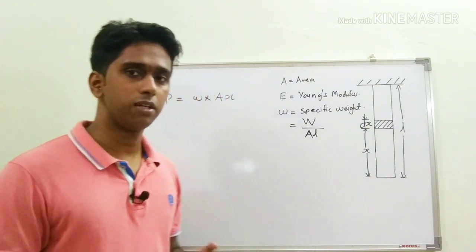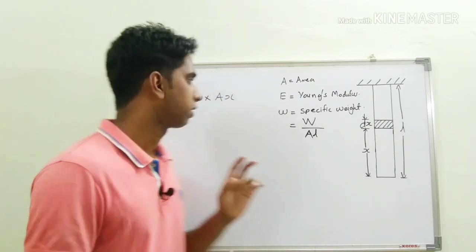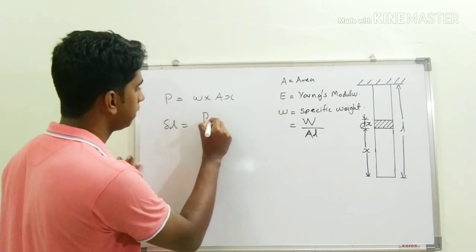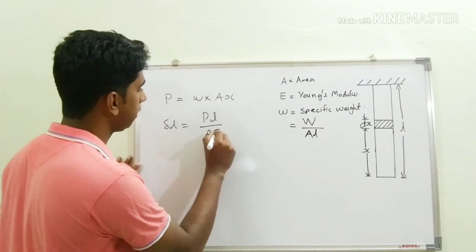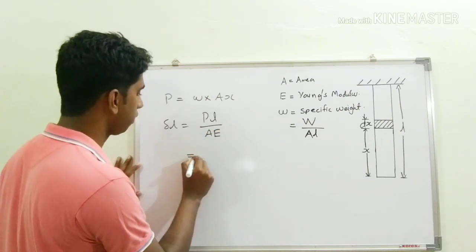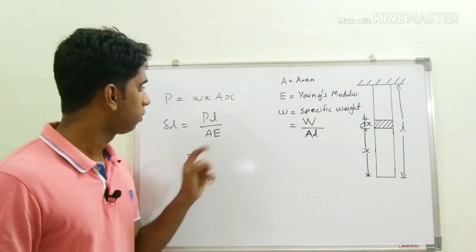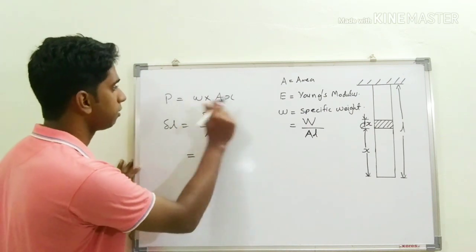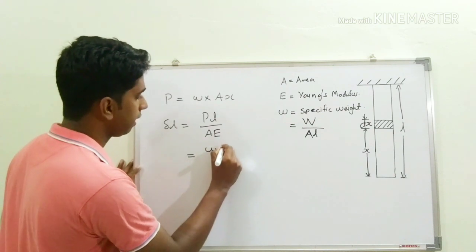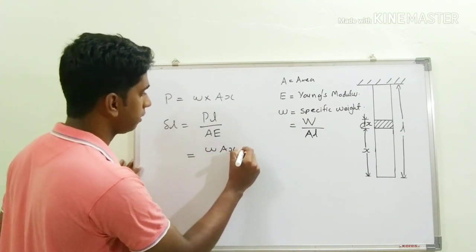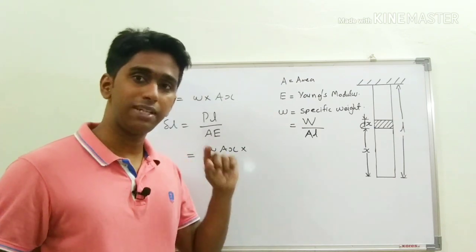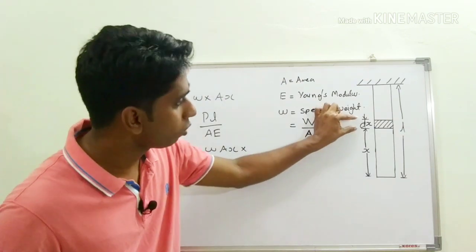Now, what is the usual deformation equation? We have delta L is equal to PL by AE. So we can substitute the corresponding values here. The load acting on the differential element is w A x, into the length of the differential element, which is only dx.